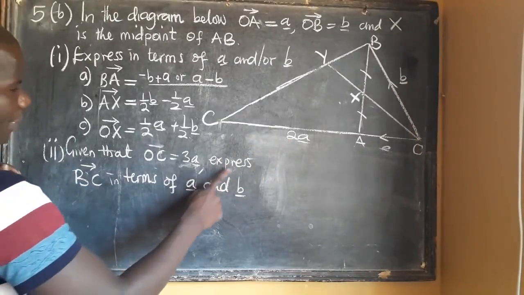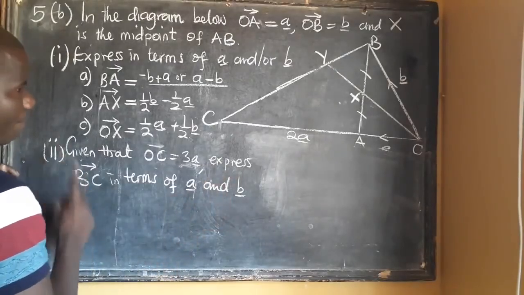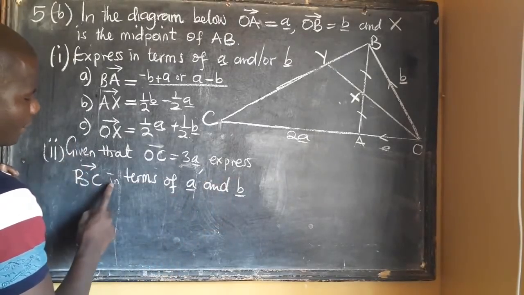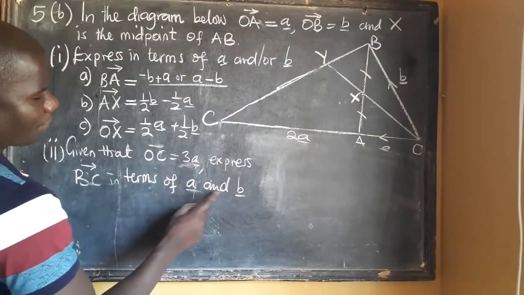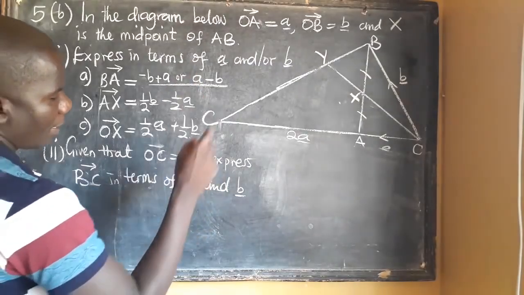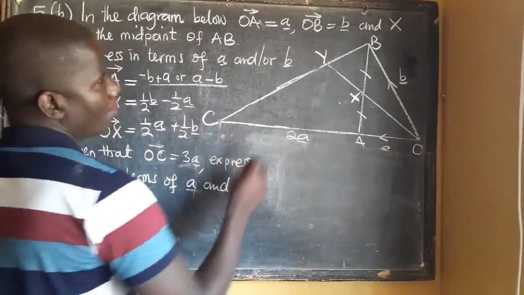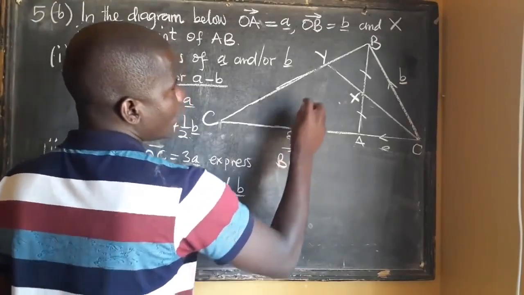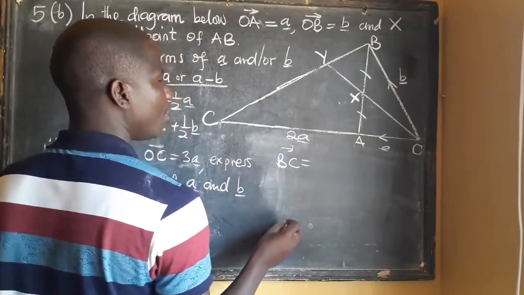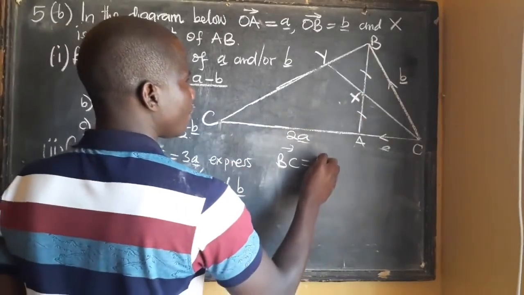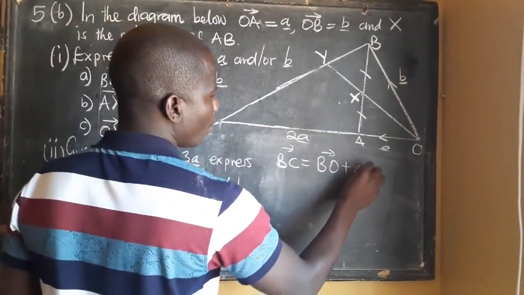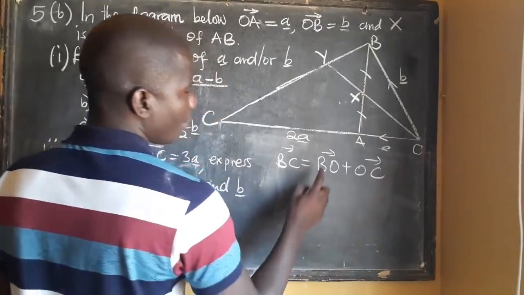So then express BC in terms of A and B. BC is equal to BO plus OC.